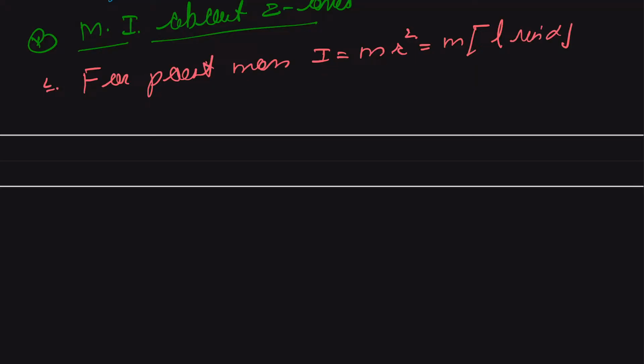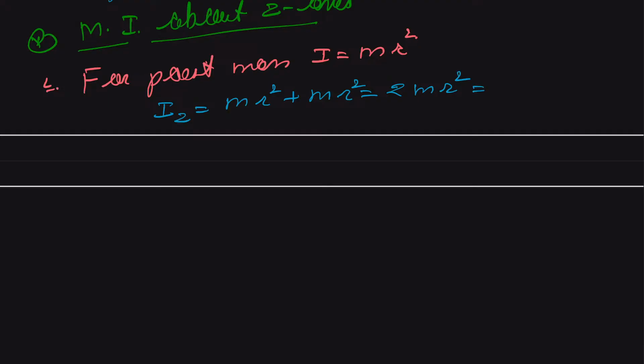So Iz will be equal to first mass plus second mass, which comes as 2mr square, and now we substitute the value.